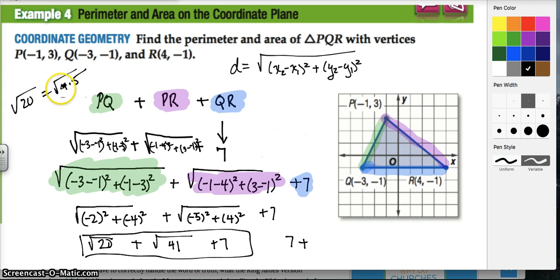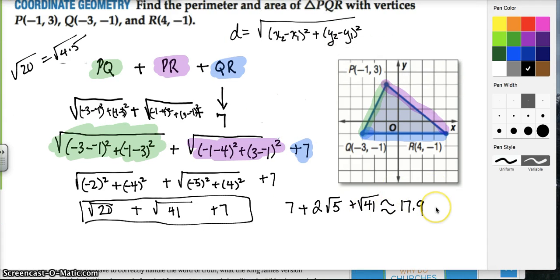Then I can take the square root of 4 and get 2, so that can be written as 2 root 5. The square root of 41 is prime, so I'm going to have to leave it there. There's no way to simplify that. And if I wanted to give an approximate answer, I'd use a calculator and get about 17.9.